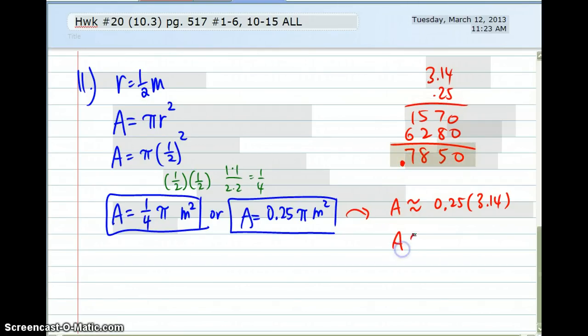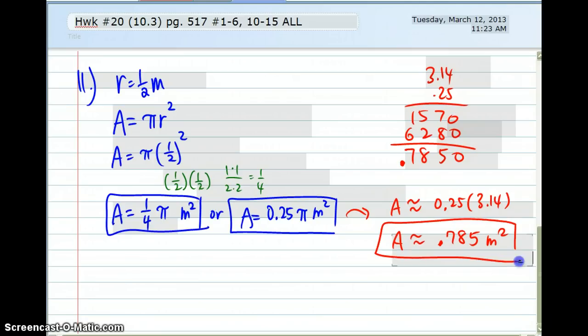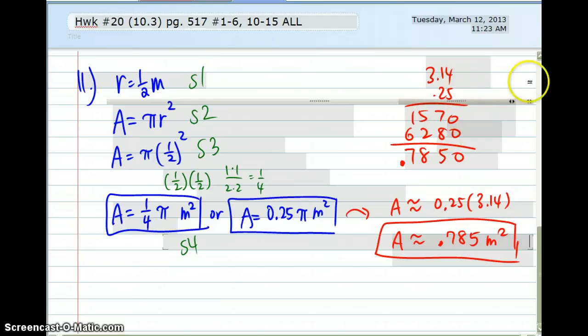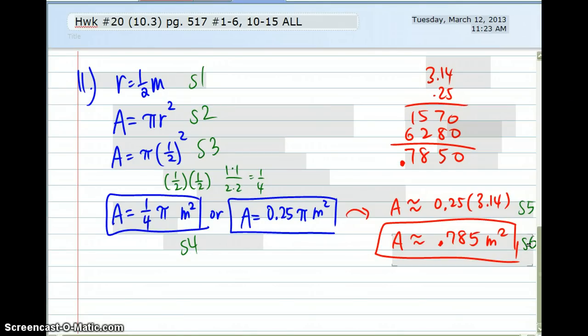So my approximate answer is about 0.78785 meters squared. Okay, and you can see that I do all my steps neatly. Step 1, step 2, step 3, step 4. Again over here, step 5, and then getting me to step 6. And you'll see that anytime I do work, I just kind of do it off on the side and then come back into my equation and do that step by step.